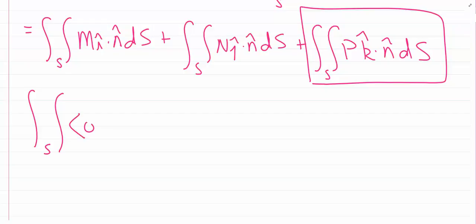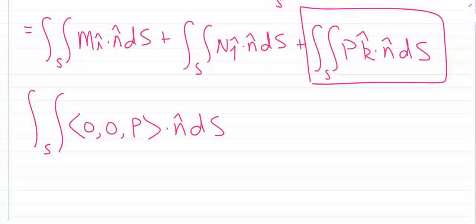Now notice what I have here is 0, 0, P dot n dS. So I kind of broke it down a little bit. Does everybody see that?